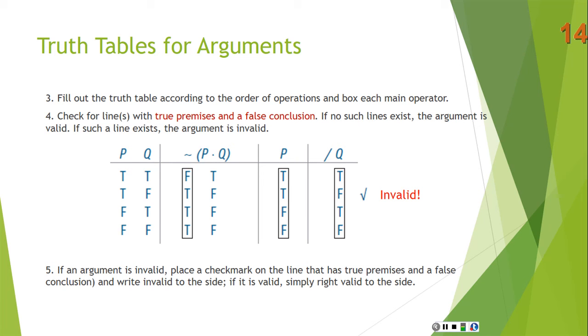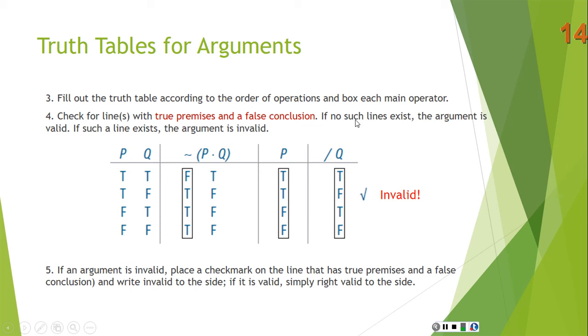How does this show that the argument is invalid? We have premise 1, premise 2, conclusion. Remember, with a valid argument, it's impossible for the premises to be true and the conclusion to be false.